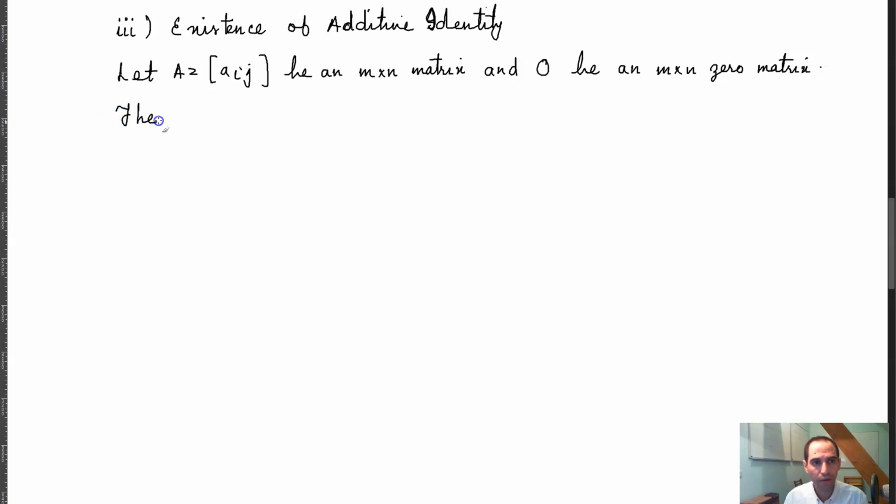Then A plus O is equal to O plus A is equal to A.